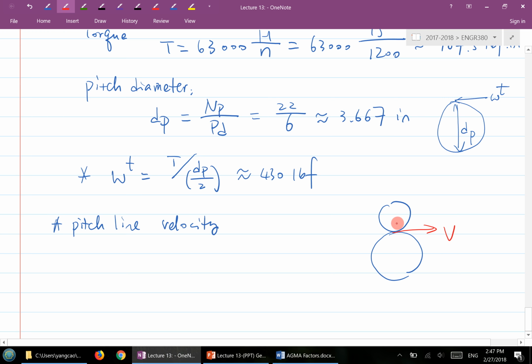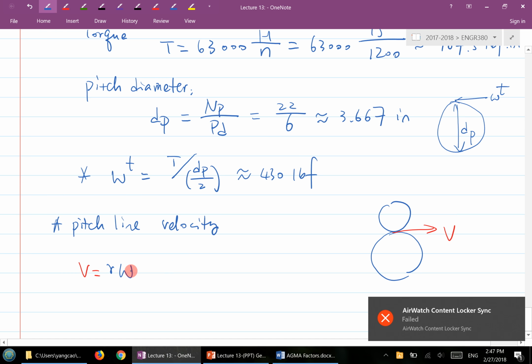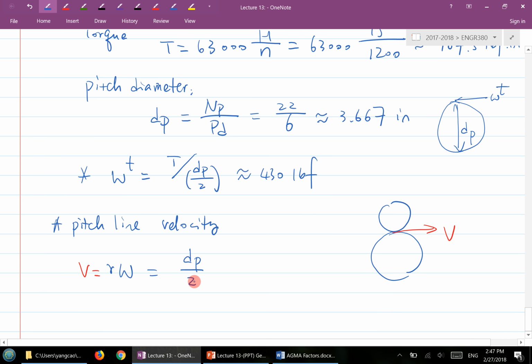So you have a pinion and a gear here, and then you have a pitch line velocity over here. V is equal to R times omega, and R is half of the pitch diameter for the pinion.